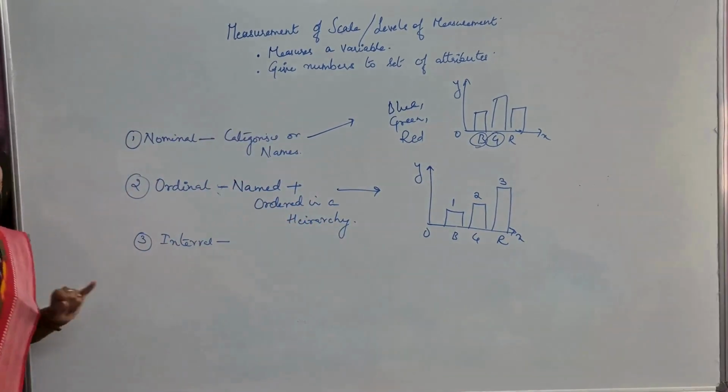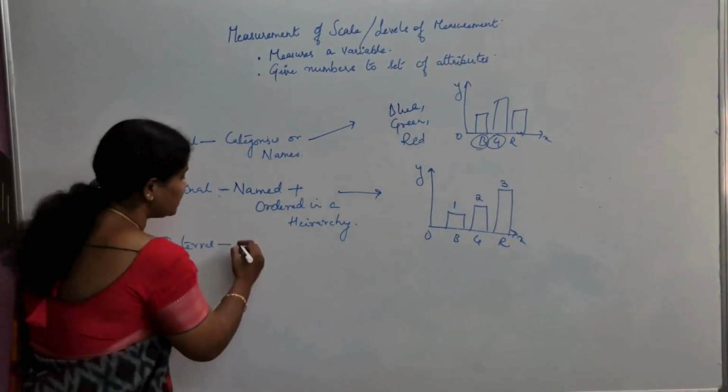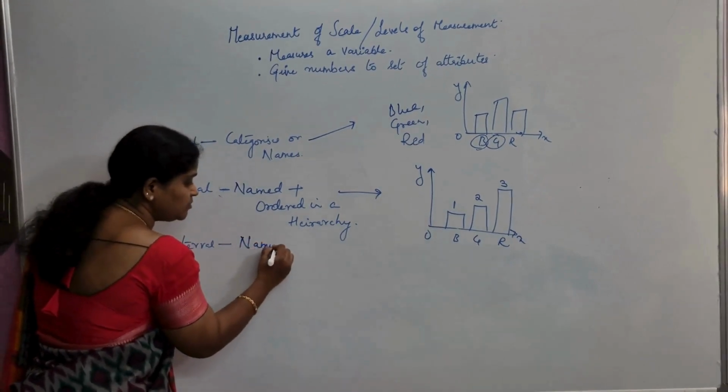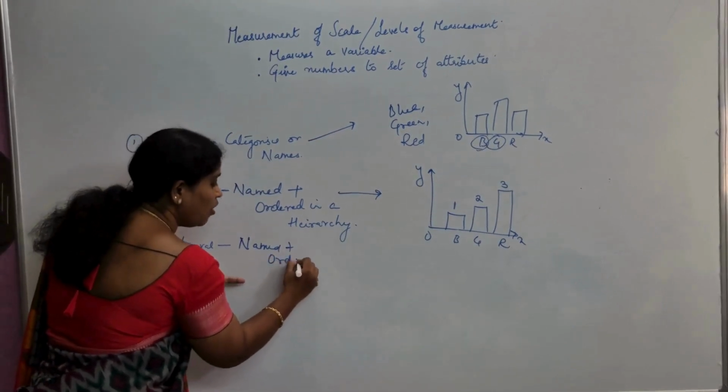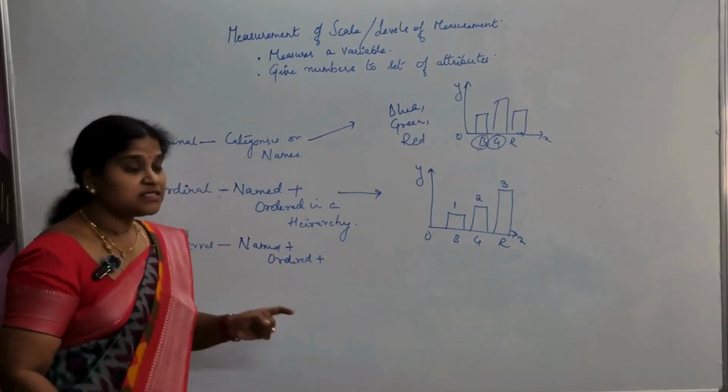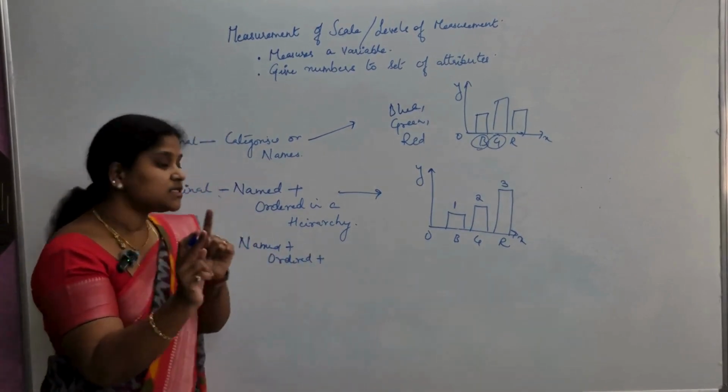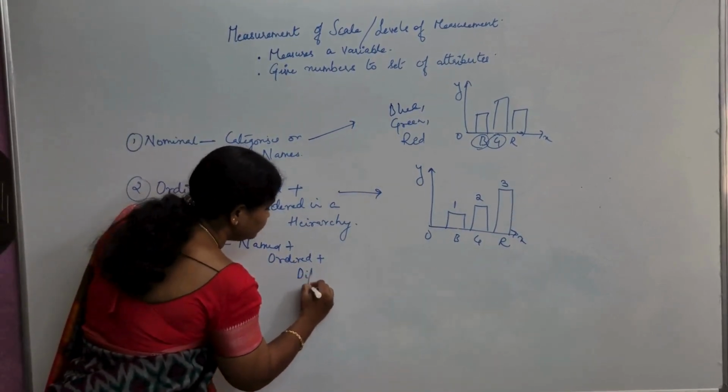Whereas in case of interval, you have named the data, plus ordering is done, plus the difference between 2 categories is also measured.